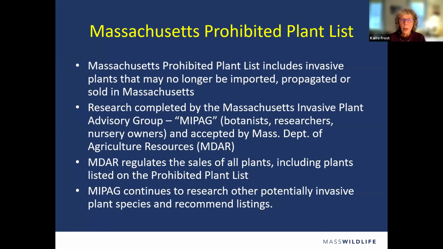So when there are plants being sold on the prohibited plant list and somebody reports it, MDAR sends people to the store that's selling it and finds out whether or not they actually are selling it. One of the examples is when Christmas Tree Shop was still around selling things, they would always sell bittersweet. And I know MDAR would go in and look at it, and it actually ended up being not the invasive bittersweet, but our rare bittersweet that they were selling.